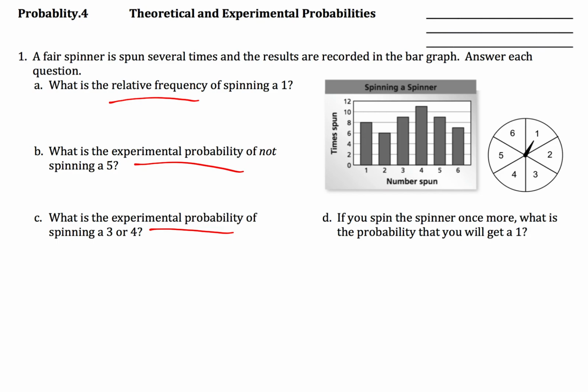Now, be careful with the way D is worded. Read it carefully. If you spin the spinner once more, what's the probability you will get a 1? If it's something that has not happened yet, this is going to be theoretical. So just based on that, what would it theoretically be?